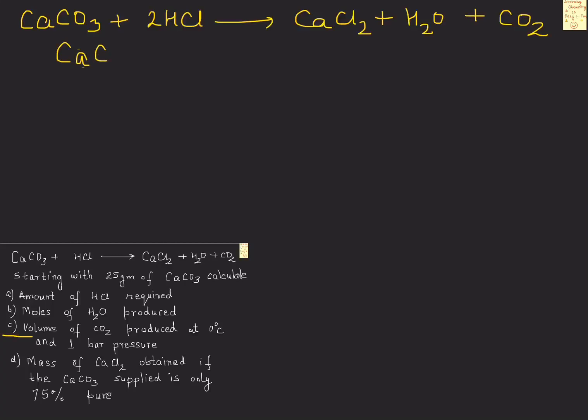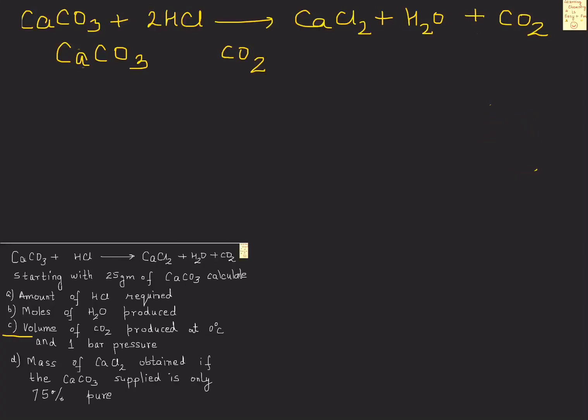So, this time we have to connect calcium carbonate and carbon dioxide. See the coefficient here 1, and the coefficient here is also 1, which we have not written. That's the general rule. We don't write 1. Just like in mathematics, you don't write 1x, do you? You just write x. So, when there is no coefficient, it means 1.